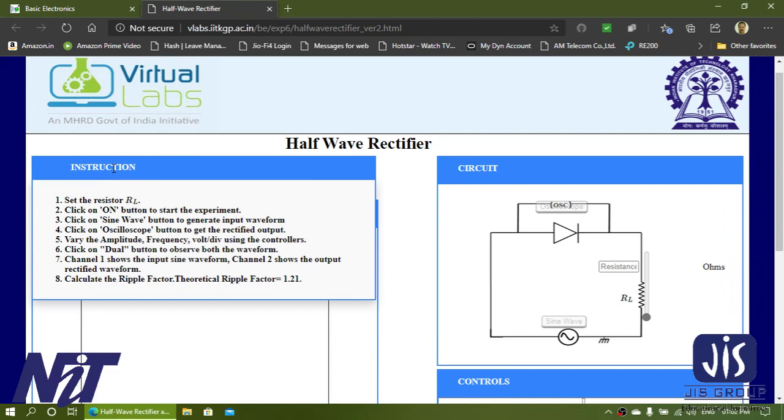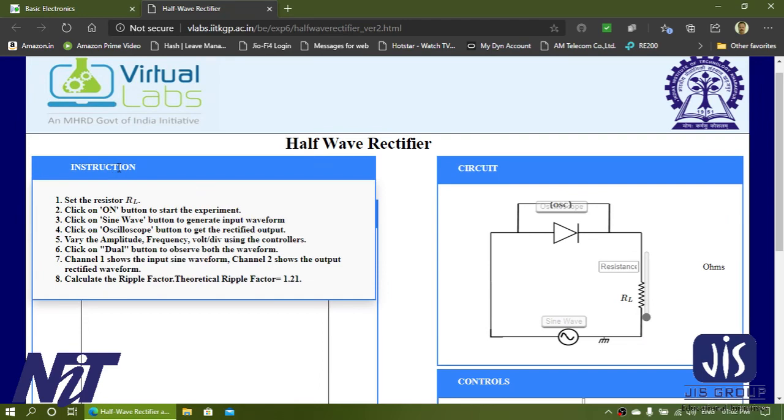If you click on dual mode, then you find both the input and output waveform at a time. In that case, channel 1 will show the input sine wave and channel 2 will show the rectified output waveform. And finally you have to calculate the ripple factor.